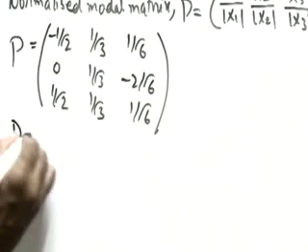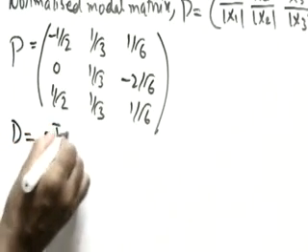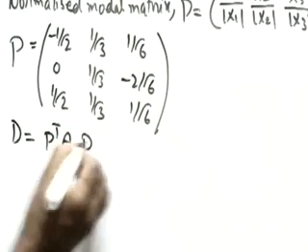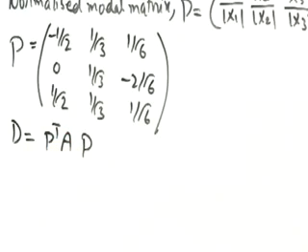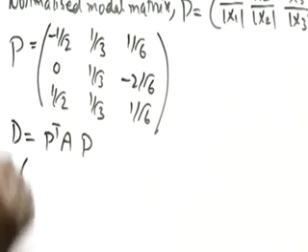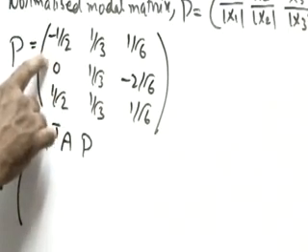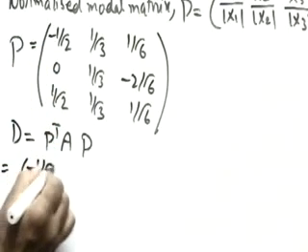Now we know what is the value of D. The next step is we have the diagonal matrix D equals P transpose into A into P. Now let me write the value. D equals P transpose.